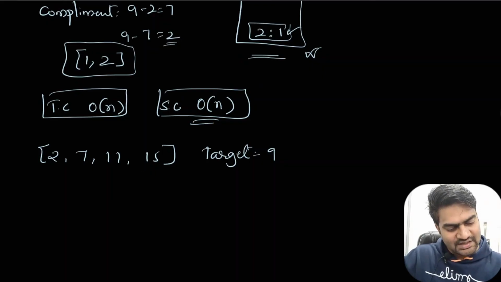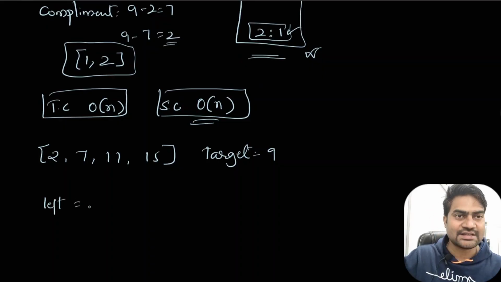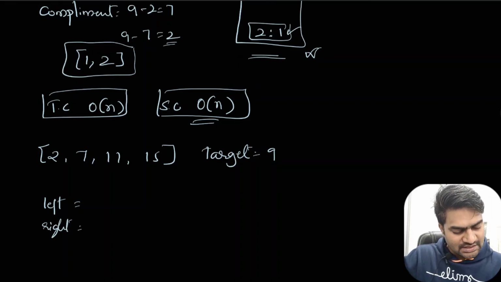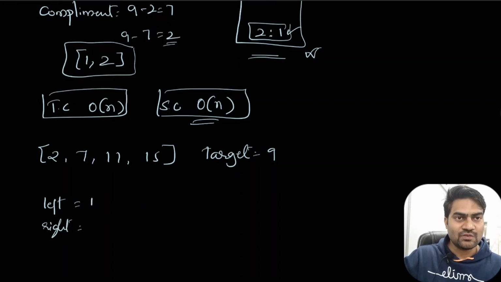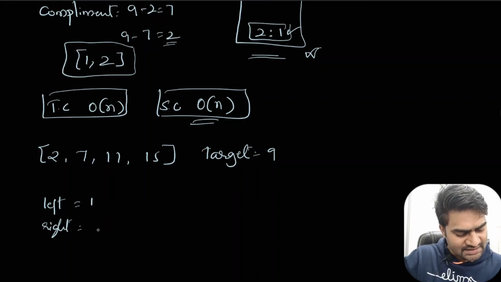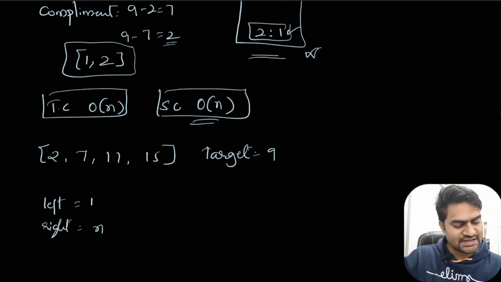So with that, now what I will do, I will take two pointers. One is the left pointer, or you can also call it the start pointer, and another one is the right pointer. Okay, so left I will assign with 1, right I'll assign with n. So n is basically our length of the array.